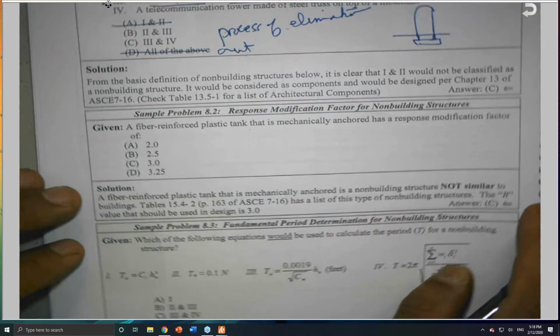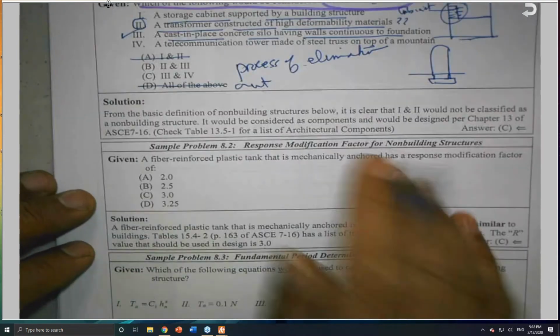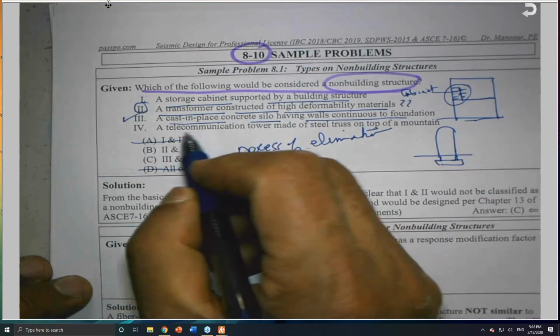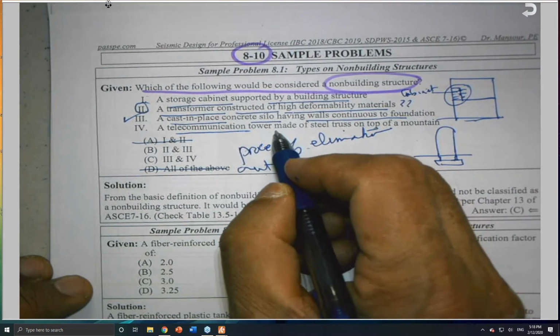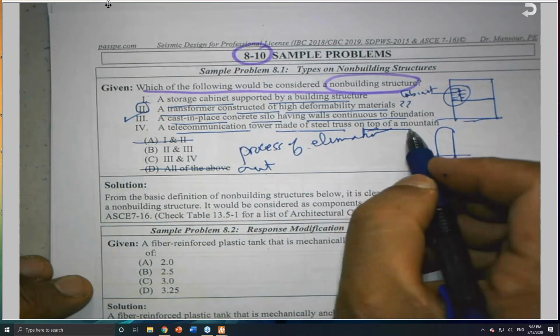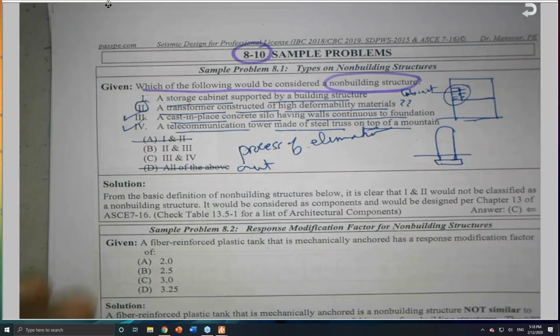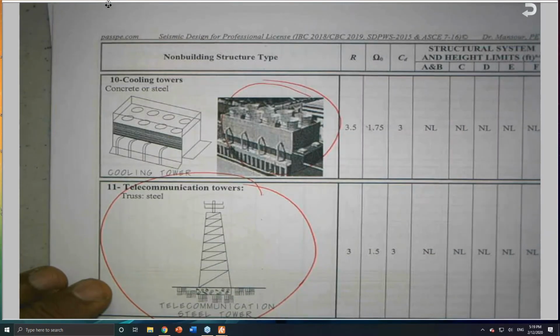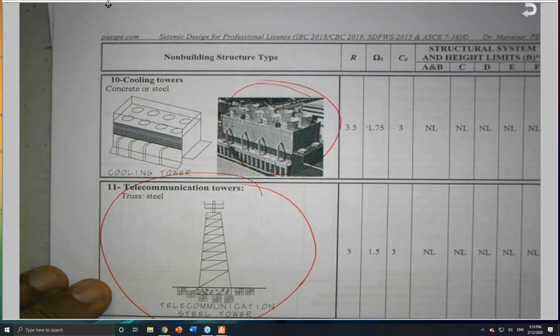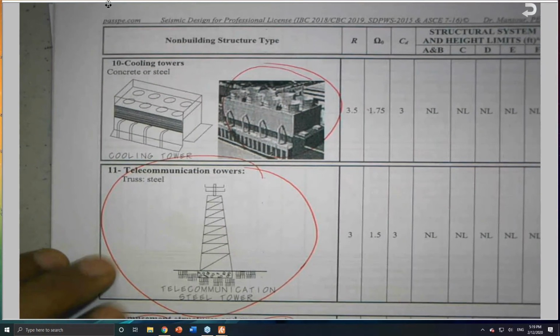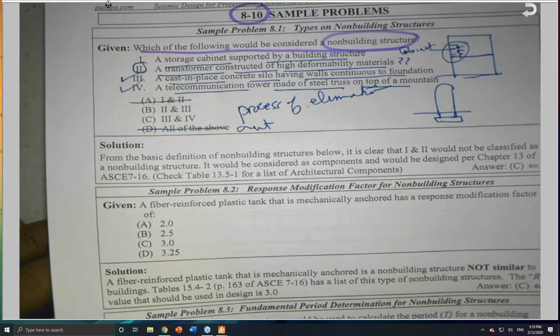Number 3, sorry, I skipped number 2. So number 3 for sure: a telecommunication tower made of steel truss on top of a mountain. Yes, it is a non-building structure. Where is that? Can you look to page 327? Telecommunication towers. Here it is.